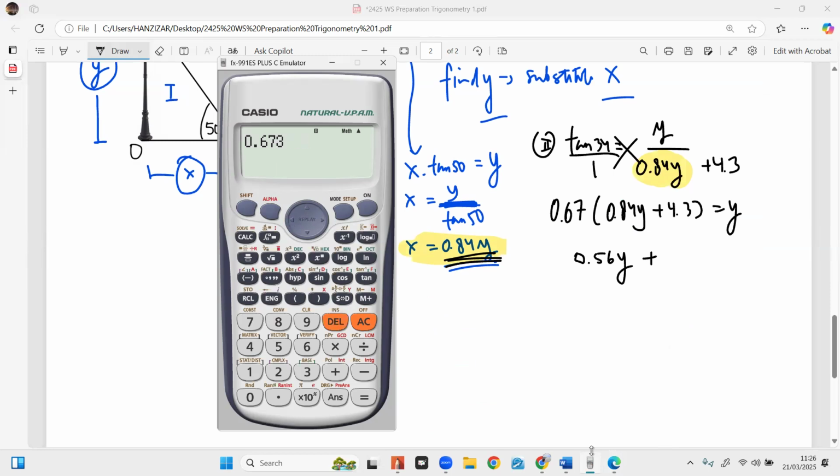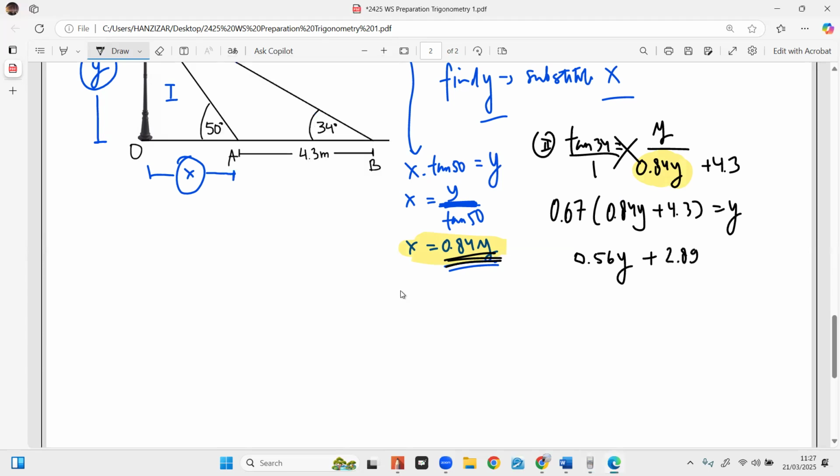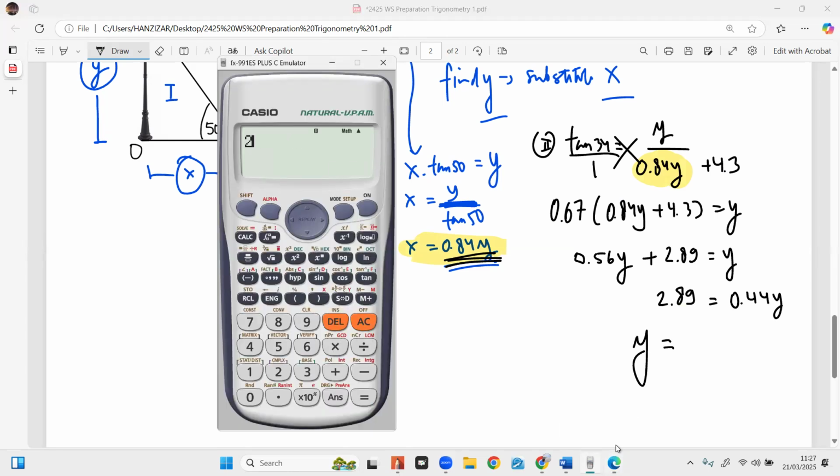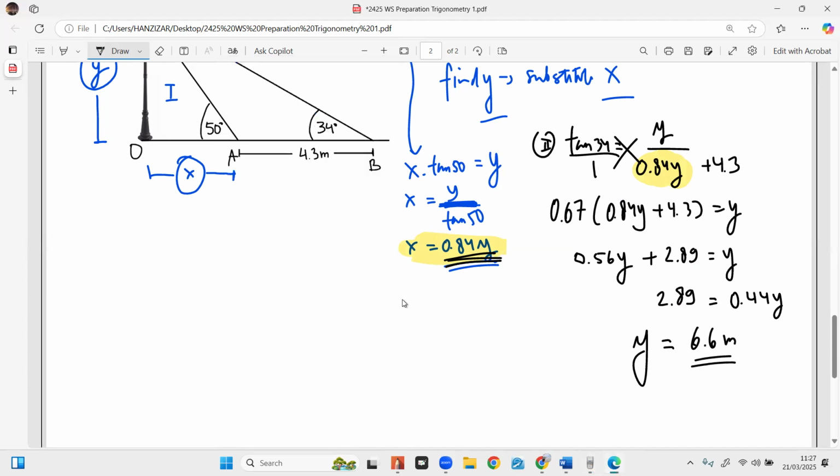Wait, not divided by 4.3, times. 2.89 equals Y. So you put the Y on the right side, 1 minus 0.56, 0.44Y. Then we get the height of the lamppost, which is 2.89 divided by 0.44. Oh, it's a huge lamppost, 6 meters long, 6.6 meters. Yeah, normal. 6 meters is normal.